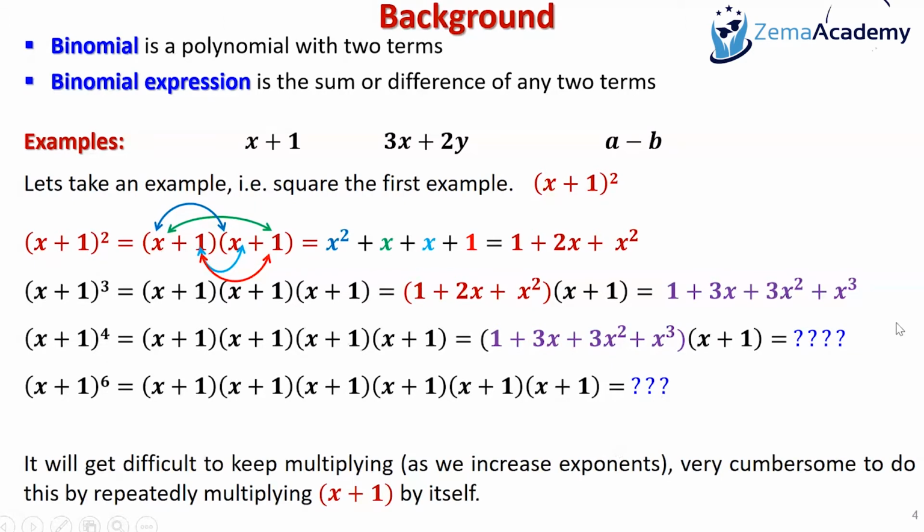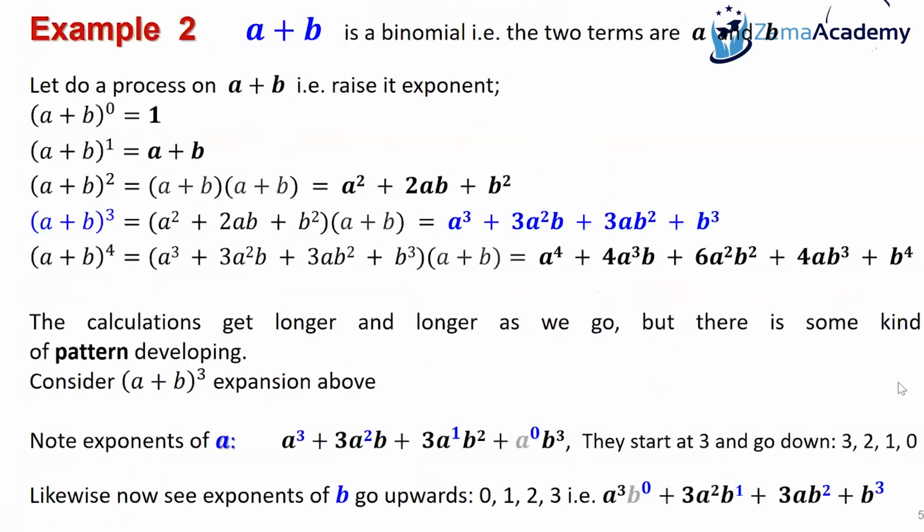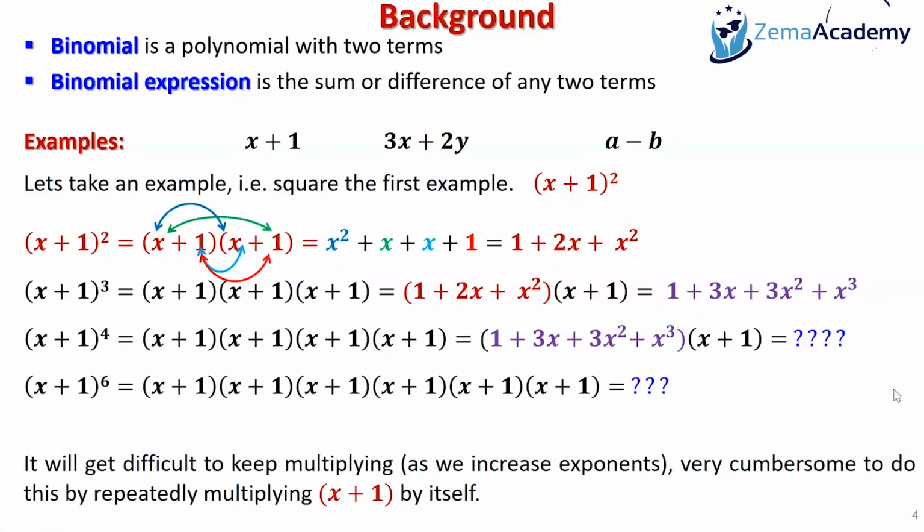So what the result is suggesting is that it will get difficult to keep multiplying as we increase the exponent, and it will become cumbersome also because we have to keep multiplying that x plus 1 by itself again and again. I hope this is clear.